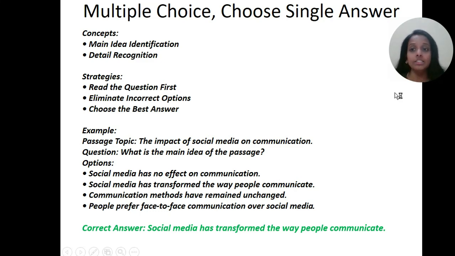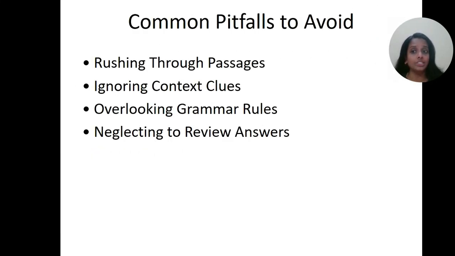Now let's discuss some of the common pitfalls that you need to avoid. Rushing through passages. No, don't do that. Take your time to understand the content fully. Okay, and ignoring the context clues, which is a very, very important thing. Don't ignore the context clues. You have to use the surrounding text to understand which option would fit properly.